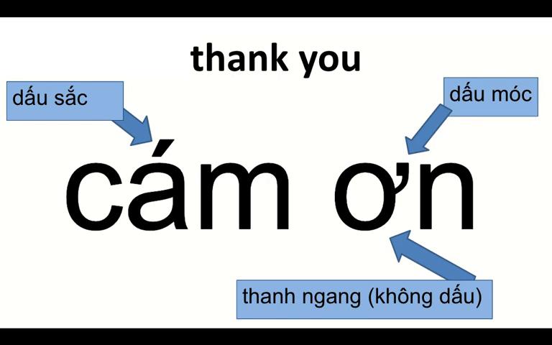Okay. Does it mean you or thank? No, it literally means like thank you for the... Ơn means like, gosh, I'm losing the word, but ơn is like thank you for doing that wonderful thing for me. Like it's very strong. Yeah.